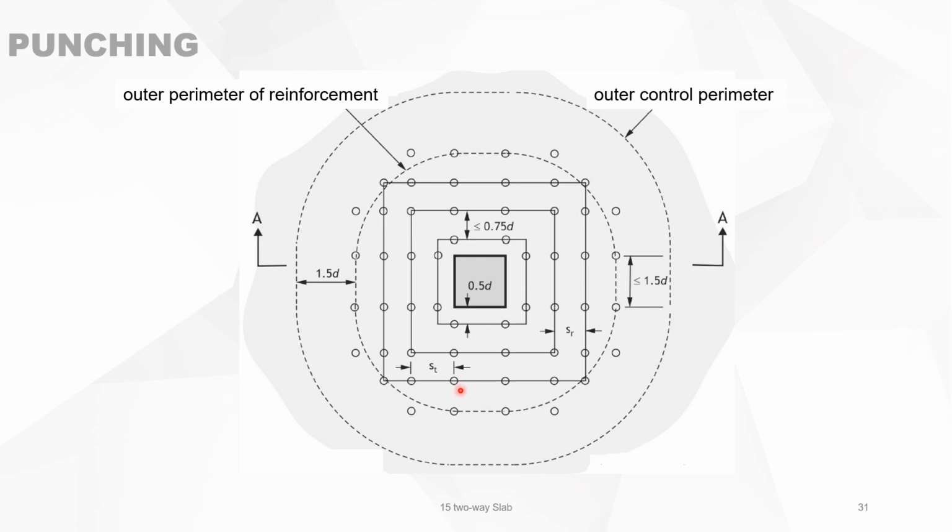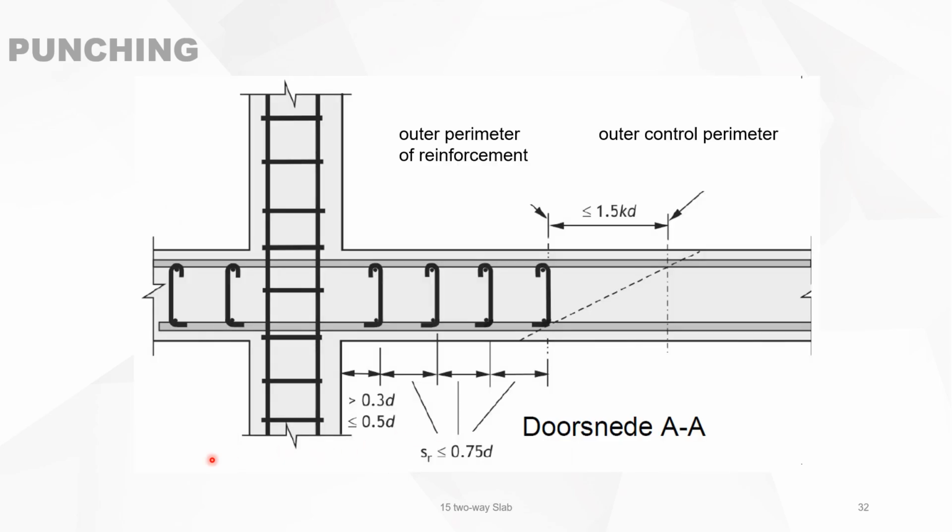So you have a lot of parameters to design the punching shear reinforcement. There are many different solutions to one problem. This gives you also another view, a summary of the different rules.